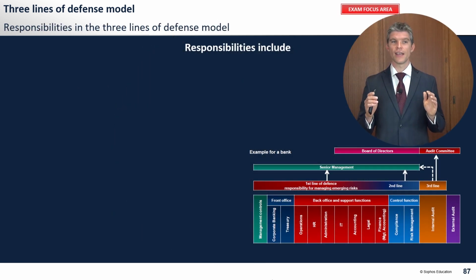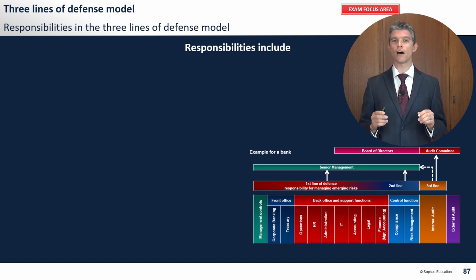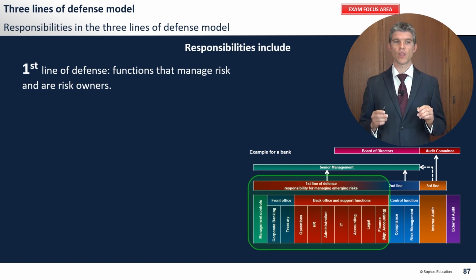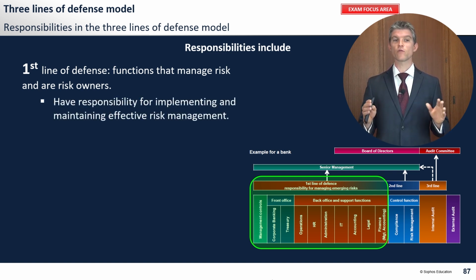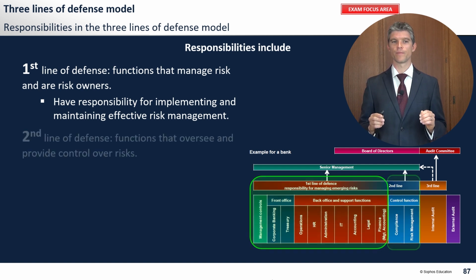So, responsibilities in the 3 lines of defense model. The first line of defense, the functions that manage risk and are risk owners. I placed them there. They have the responsibility for implementing and maintaining effective risk management.